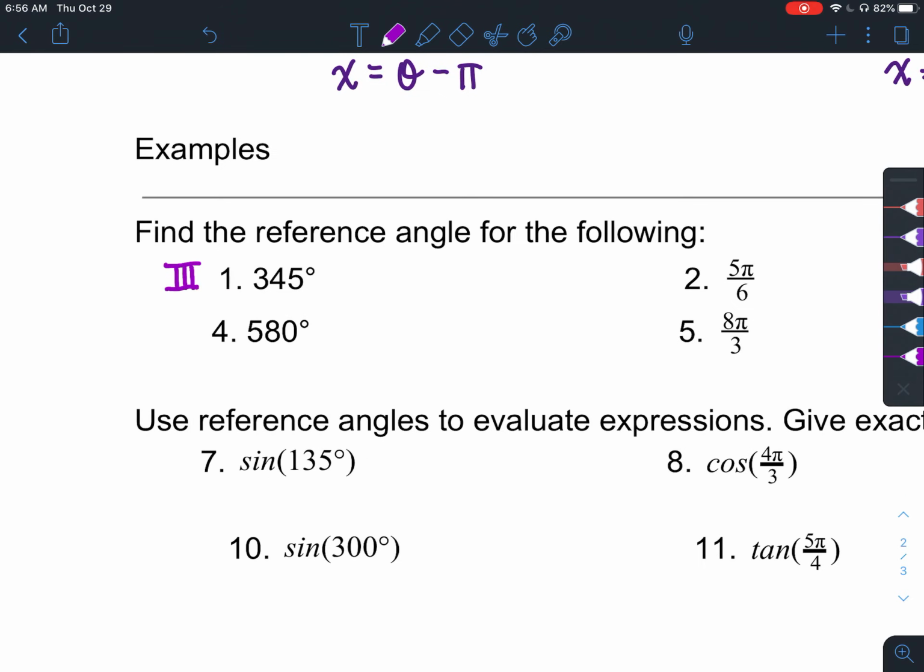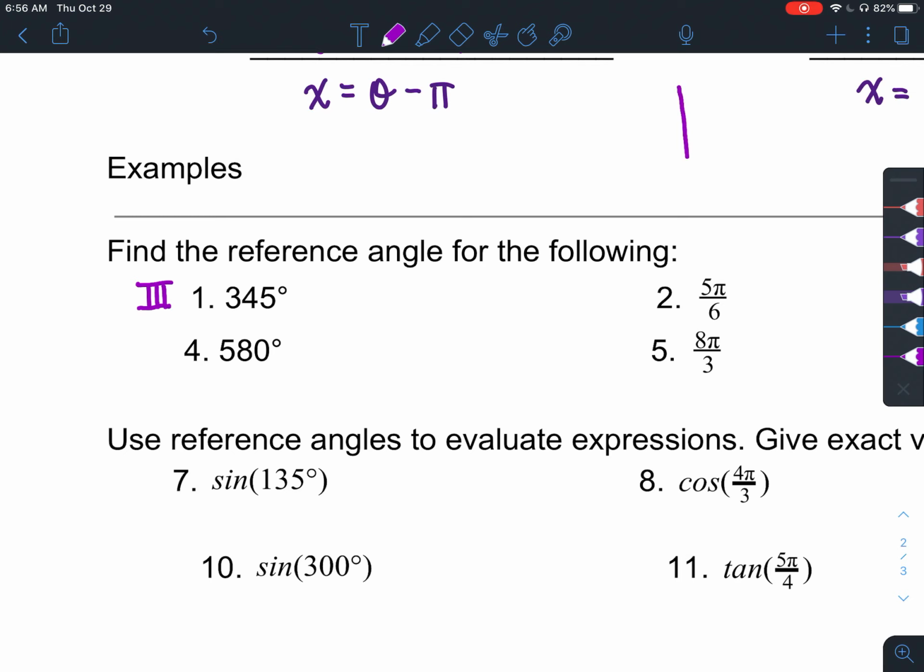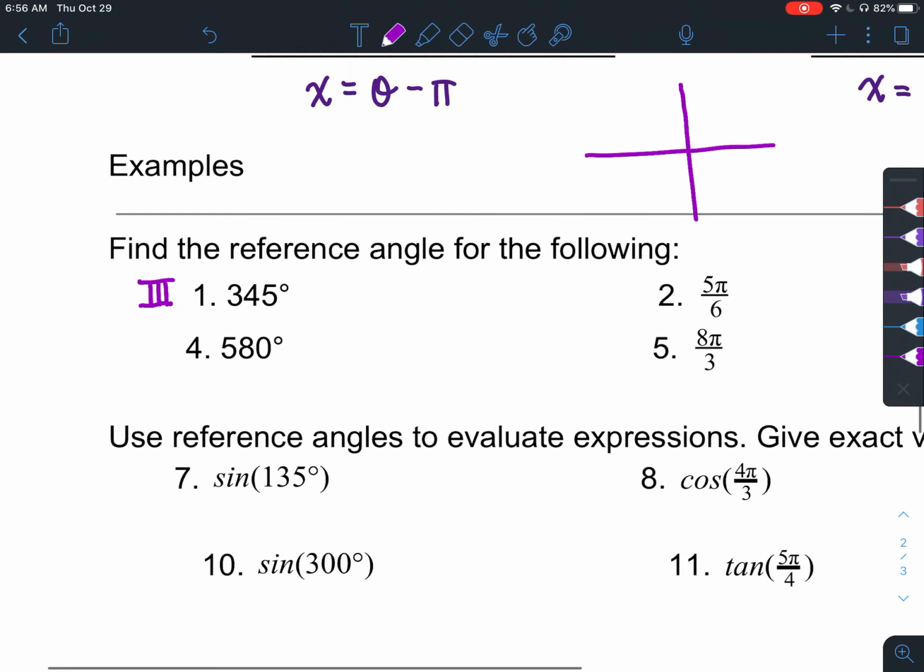So if I'm in the third quadrant, that's over here, just going to draw some random angle for visual purposes. I need to get this angle right here, and I'm going all the way around. So I'm going to take 360 minus the 345, and that's going to give me 15 degrees as my reference angle.